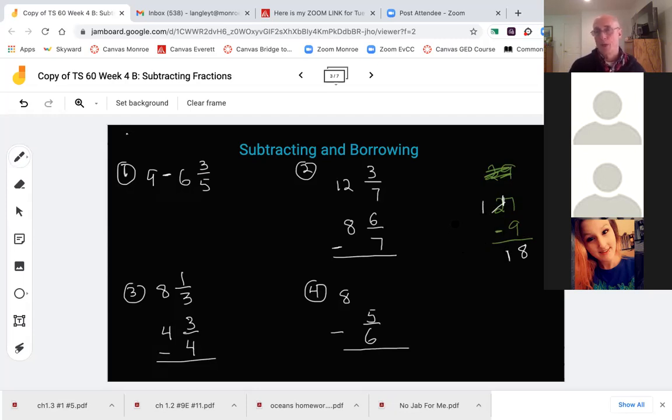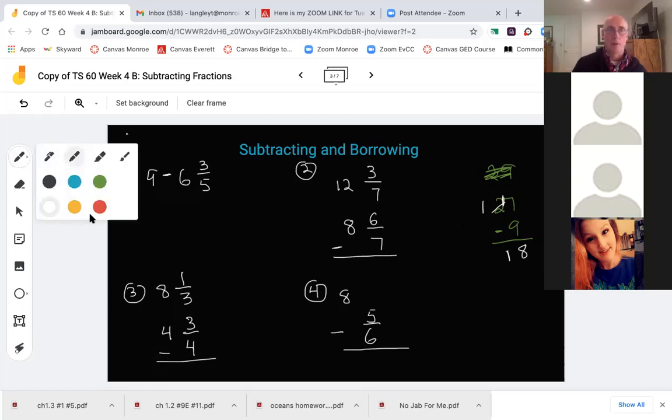So you're familiar with the idea of borrowing: if the number on the bottom is greater than the number on top, you've got to cross out the number next to it and borrow a 1. Okay? Well, that's exactly what we'll do with fractions. And that's why I kept saying, listen to me carefully, talk out loud here.